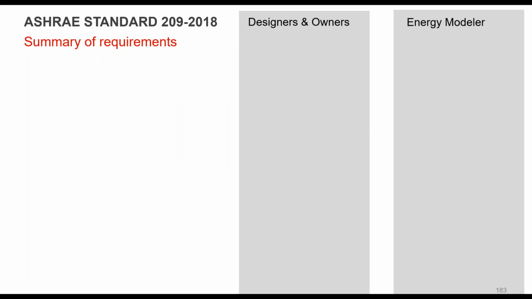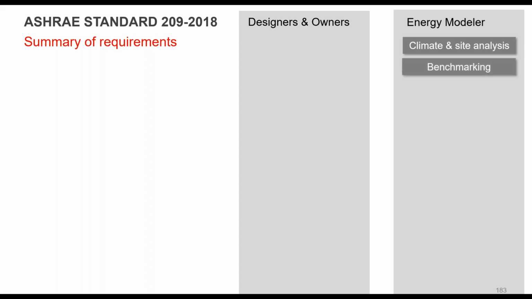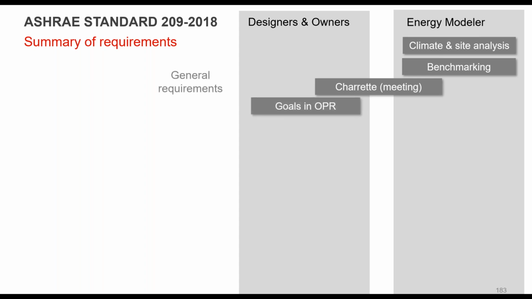So what are the requirements for who does what in this? The energy modeler is going to be doing the climate and site analysis, finding benchmarks for that building type and location. Charrette is where you get the designers and owners together so they understand the impacts. The goals come from the owners, and these are all part of the general requirements.